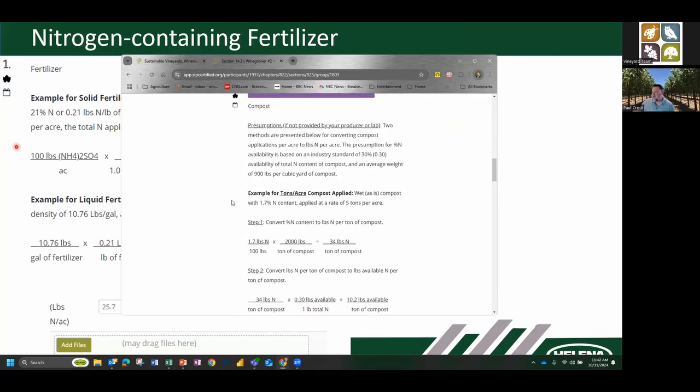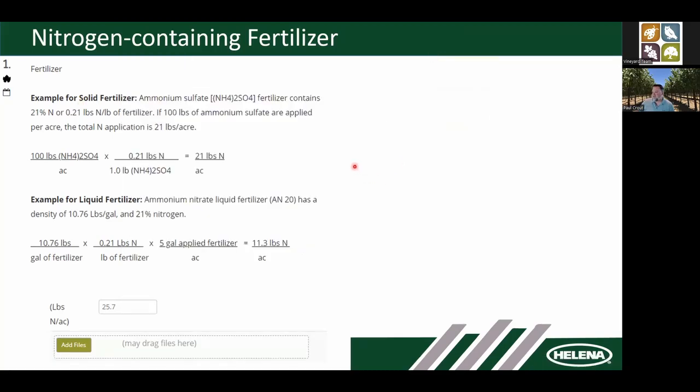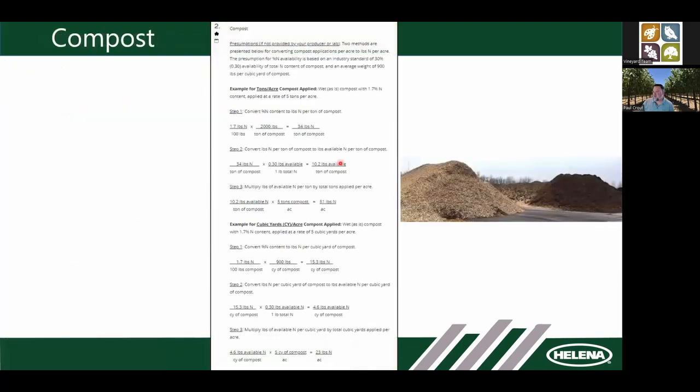All right, and we go to compost. Same concept, just a little bit more tricky when we calculate for compost. So compost can be really tricky because oftentimes compost can be delivered or measured in tons per acre, or it can be measured in cubic yards per acre.